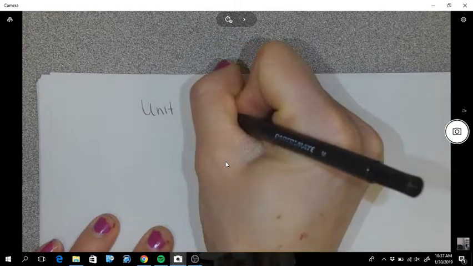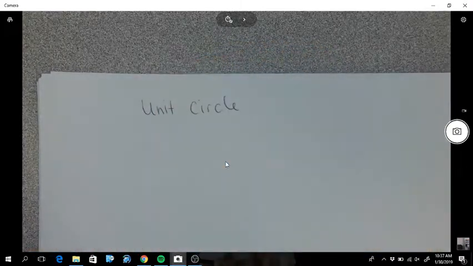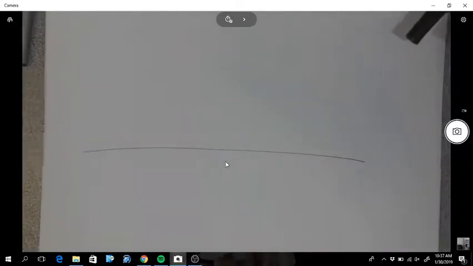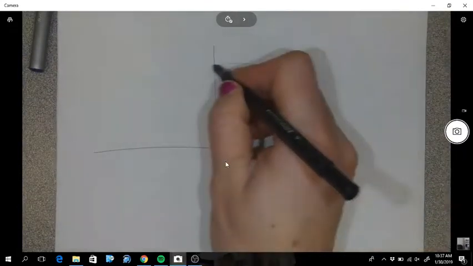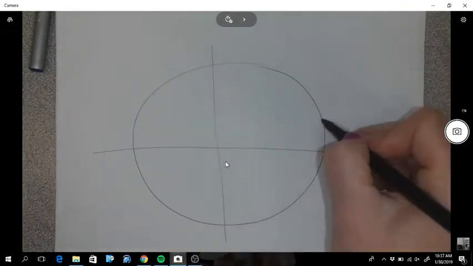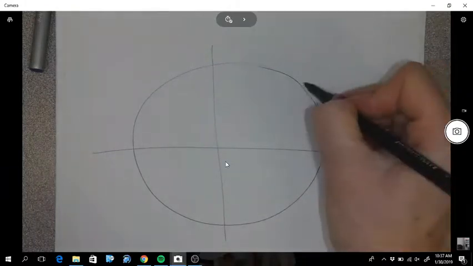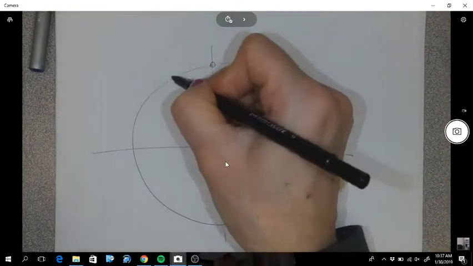Okay, in grade 11 you learned how to replicate the unit circle, so let's recall that. Okay, so we know that we have all those special angle measurements.